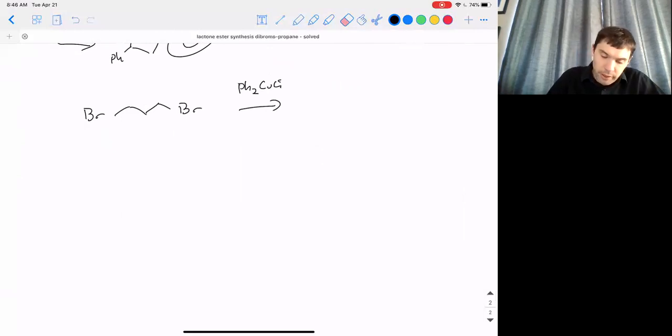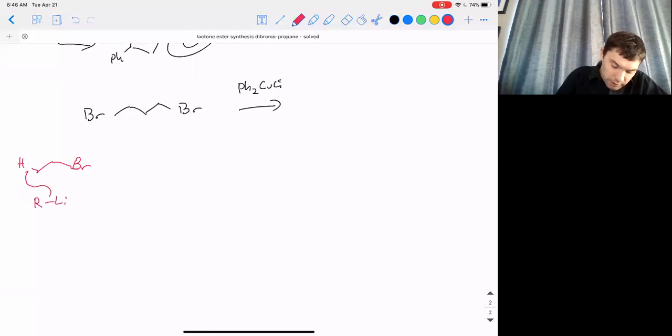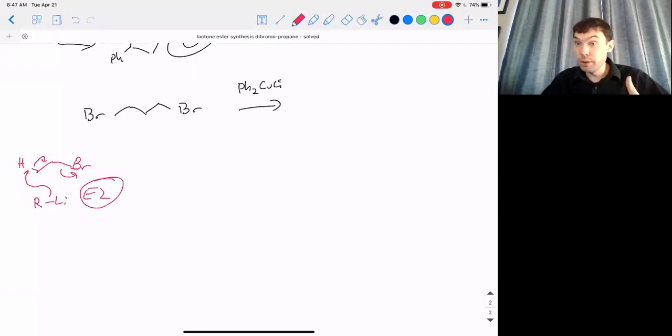Remember, you need the cuprate because if you have a Grignard reagent or an organolithium reagent, so if I have bromine here and I have an H here, our lithium reagent is strongly basic, and it'll instead do that pesky E2 reaction. And so remember, any time that you have a strong nucleophile, odds are good it's also a strong base.